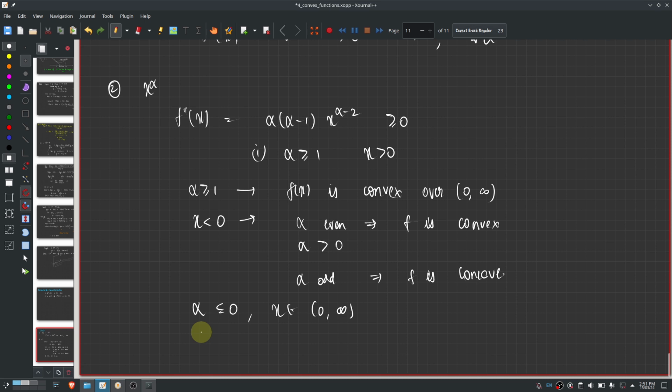Yeah, it's always convex. Because alpha into alpha minus 1 is going to be, so alpha is negative, alpha minus 1 is also negative, so x to the power alpha minus 2 is anyway going to be non-negative.